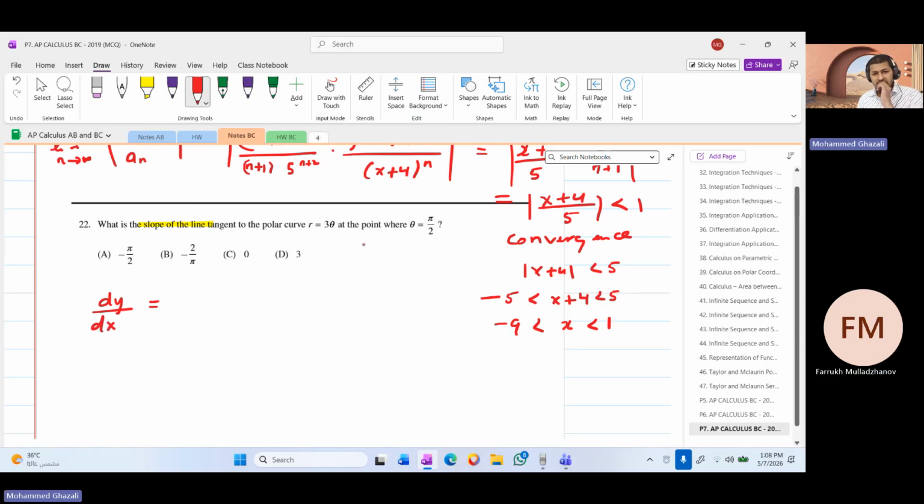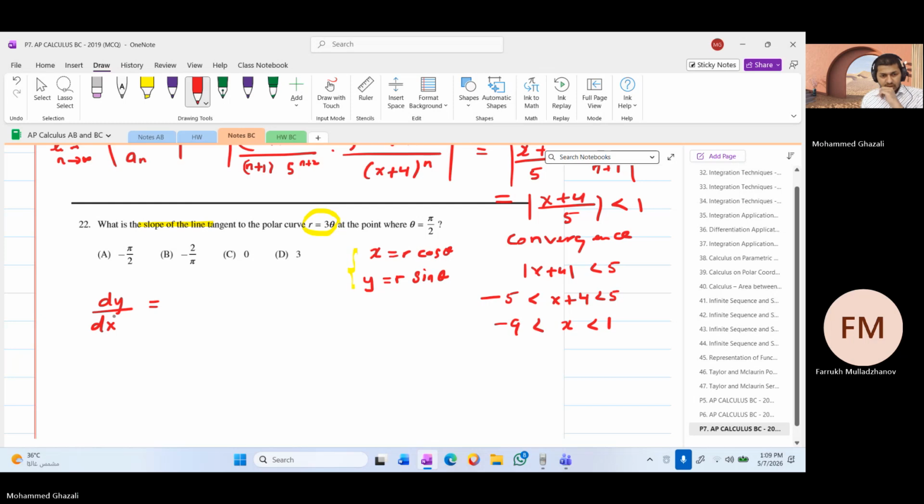Now, for dy/dx, x is equal to r cos theta, y is equal to r sine theta. Are we good? And what is r? R is a function in theta.